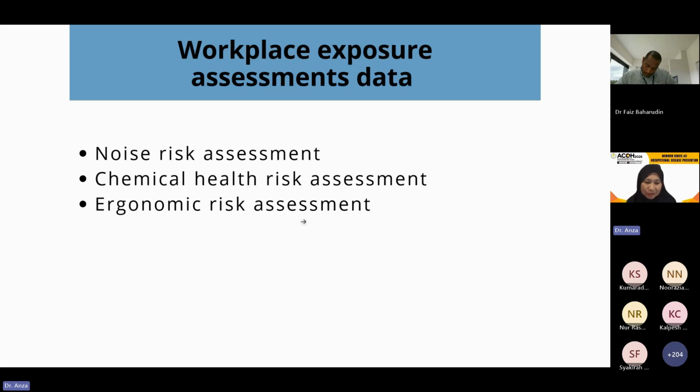When we take history, we cannot just assume; we cannot verify, and it is just qualitative information. The workplace exposure assessment data are the quantitative data that we need to rely on when diagnosing an occupational disease.